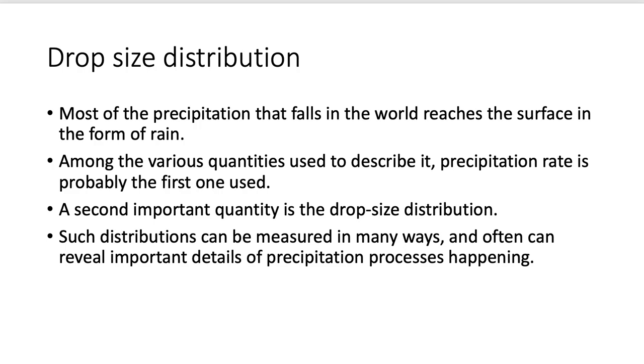Second in importance to the precipitation rate is the drop size distribution. This tells us something about the environment, about the conditions in which rain was formed, and something about the processes that happened to the raindrops, perhaps, as they fell towards the surface.